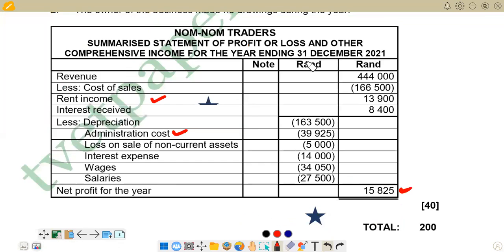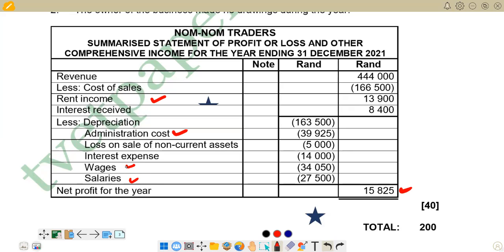So we can go on to see what we have next there. If you check there, we are moving from interest expense. So if you look up beneath interest expense, we've got wages and salaries.